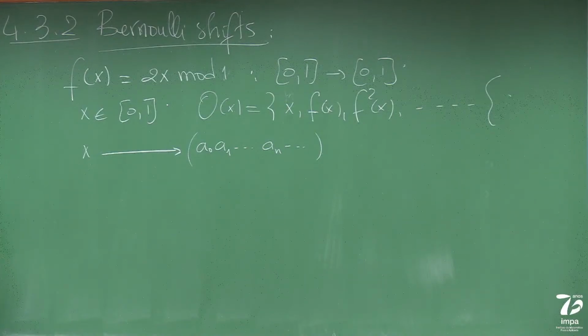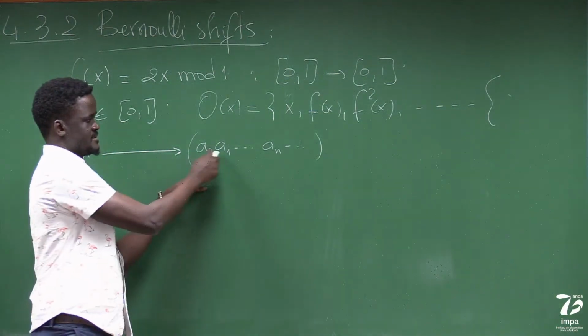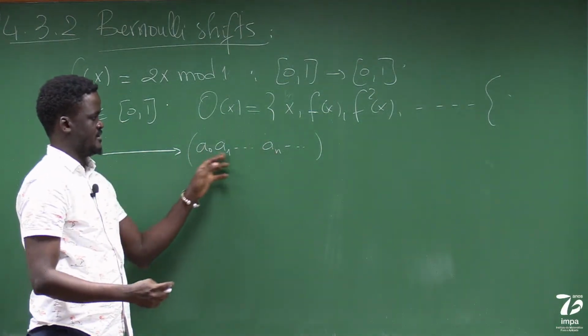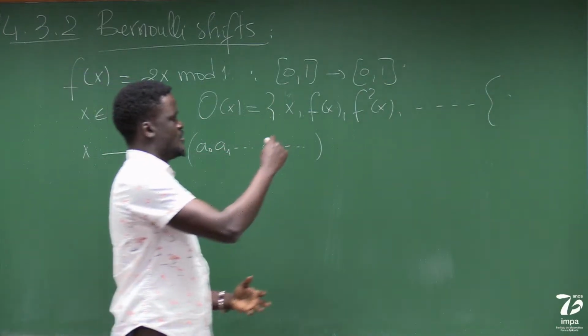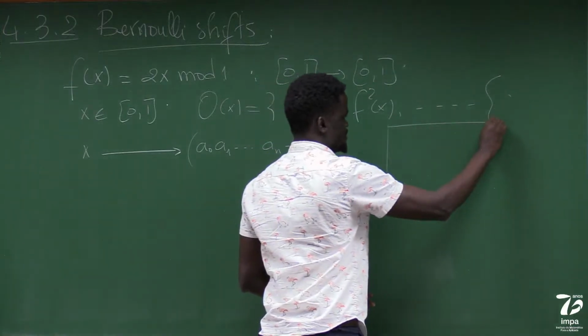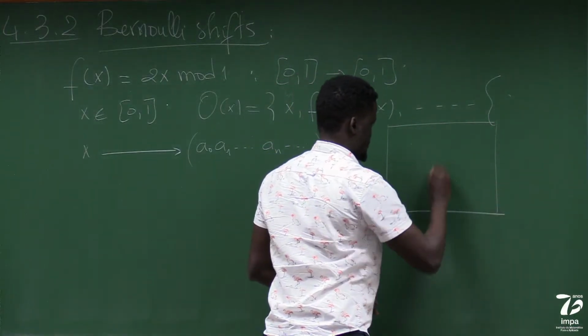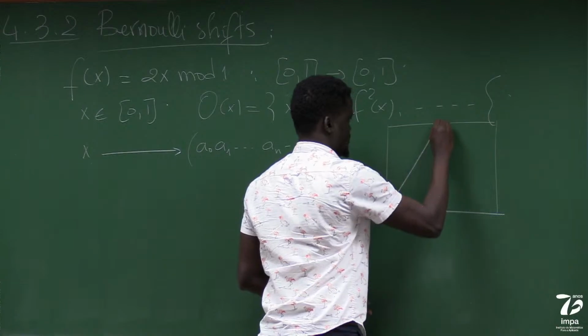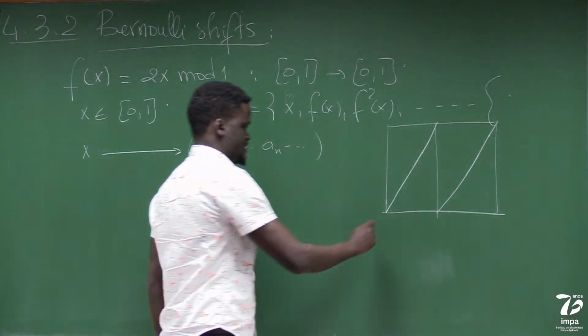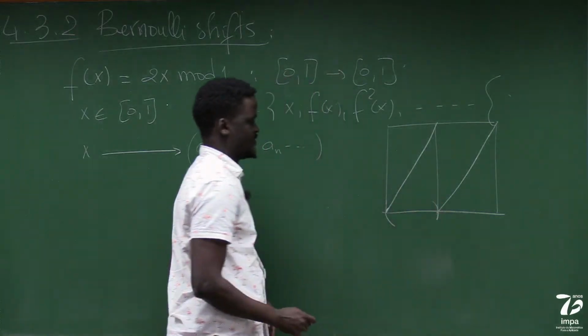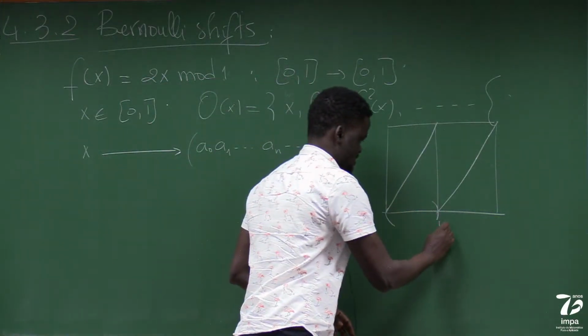And what you do here is you define these digits depending on a partition. What we know here is that 2x mod 1 is doing something like this. So this is the dynamics. We can have this interval, this is a half.